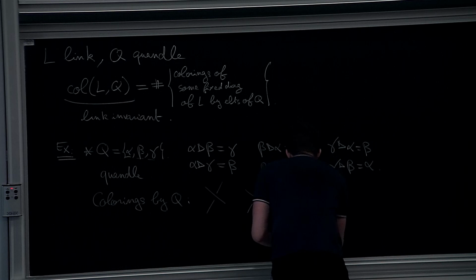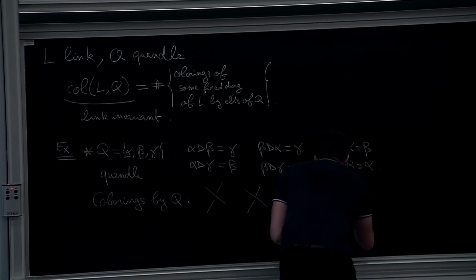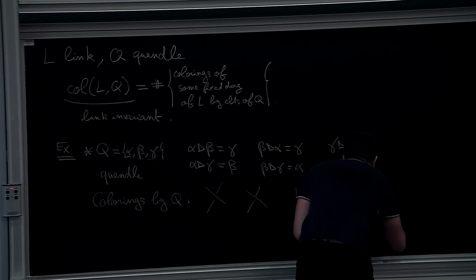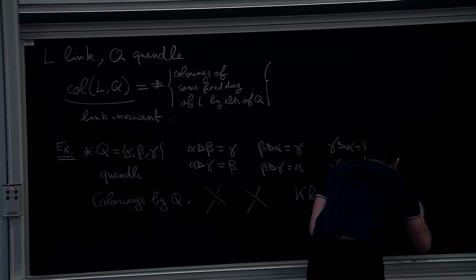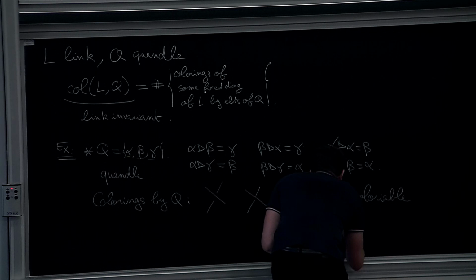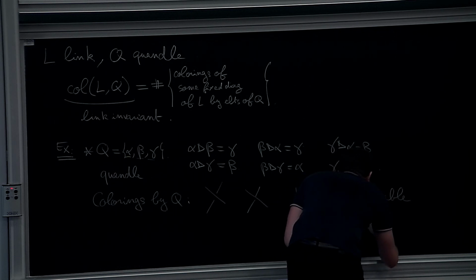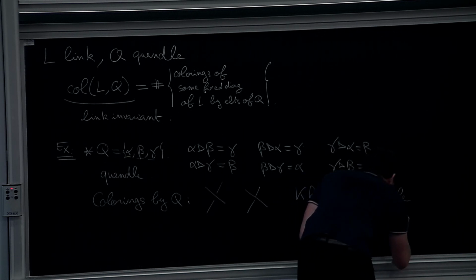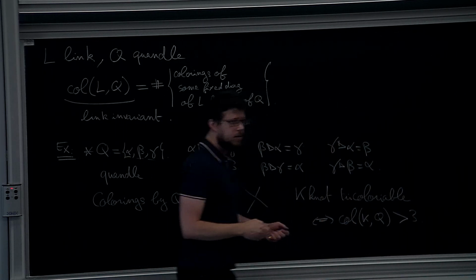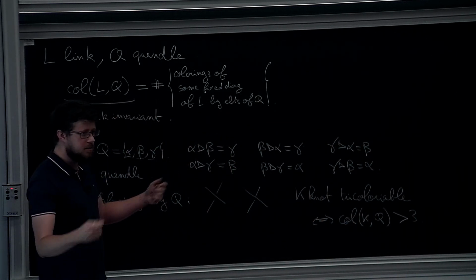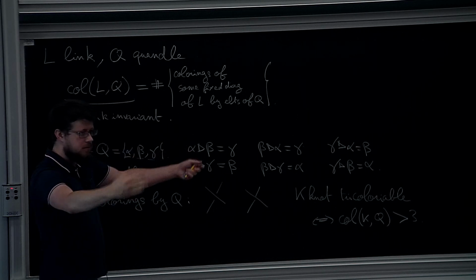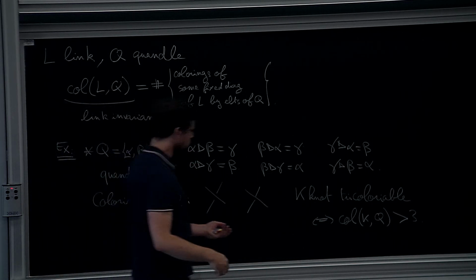And you can say that a knot K is tri-colorable if and only if the number of colorings of K by Q is strictly bigger than 3. You have 3 trivial colorings by only one color. And then if you have one more, it has to have all the colors.